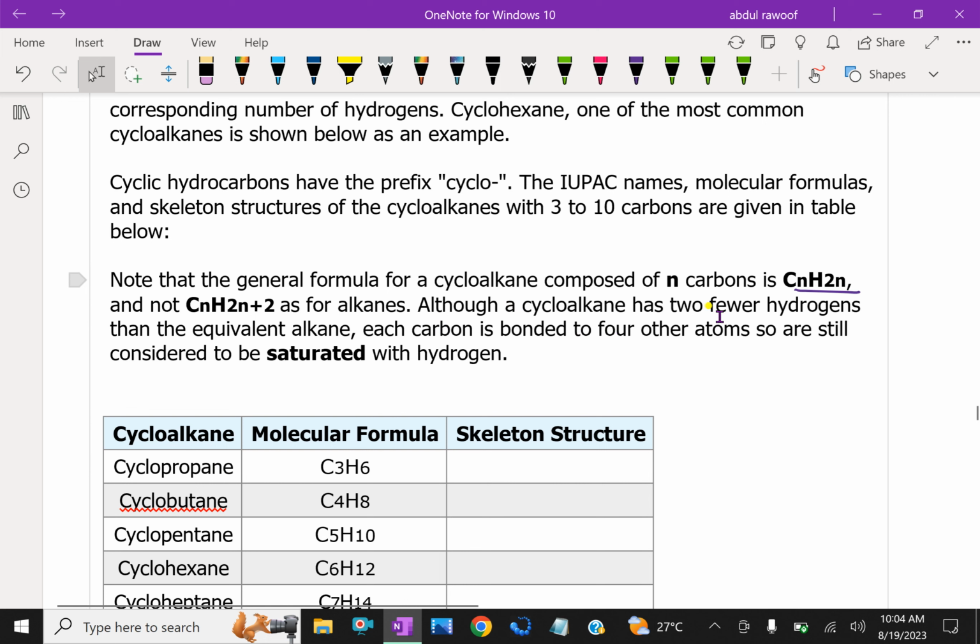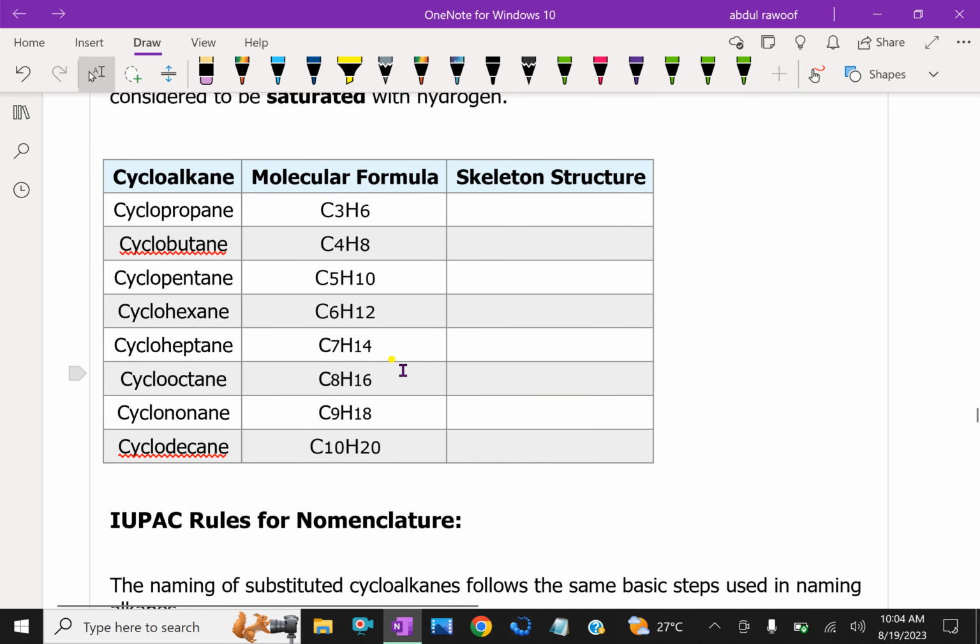Although a cycloalkane has 2 fewer hydrogens than the equivalent alkane, each carbon is bonded to 4 other atoms, so they are still considered to be saturated with hydrogen because carbon has 4 bonds. Here, cyclopropane is C3H6, cyclobutane is C4H8, and cyclodecane is C10H20.